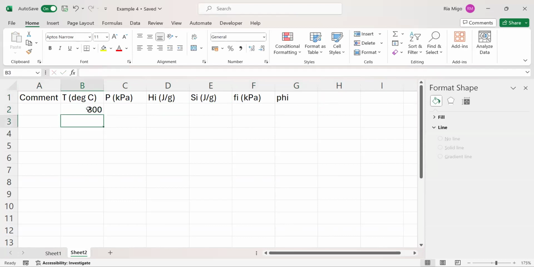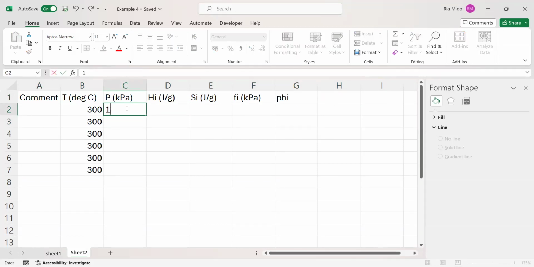The temperature is just the same throughout. For the pressure, let's begin at 1, because that's our reference pressure. And then our last pressure is 10,000, because the problem asks that we calculate up to 10,000.